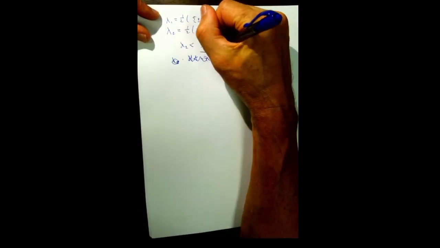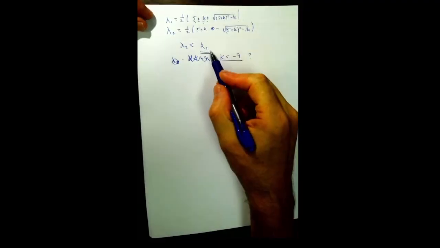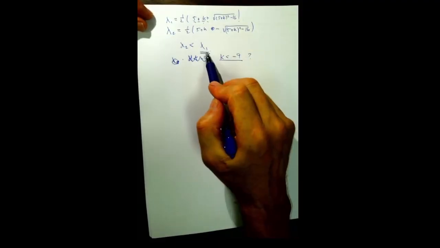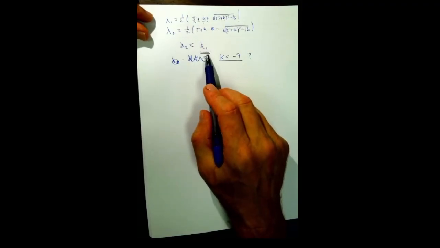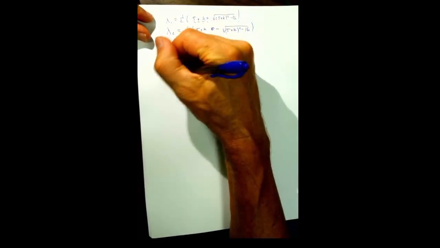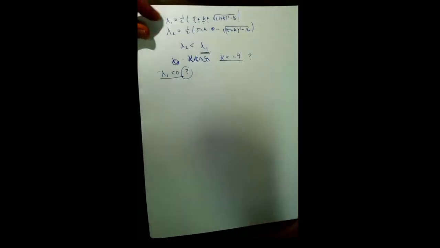I think it's going to be stable, which means that lambda 1's got to be negative. If lambda 1 is negative, lambda 2 has to be negative. So if I can show that lambda 1 is negative, I'm done. So is this true? I think this is true.